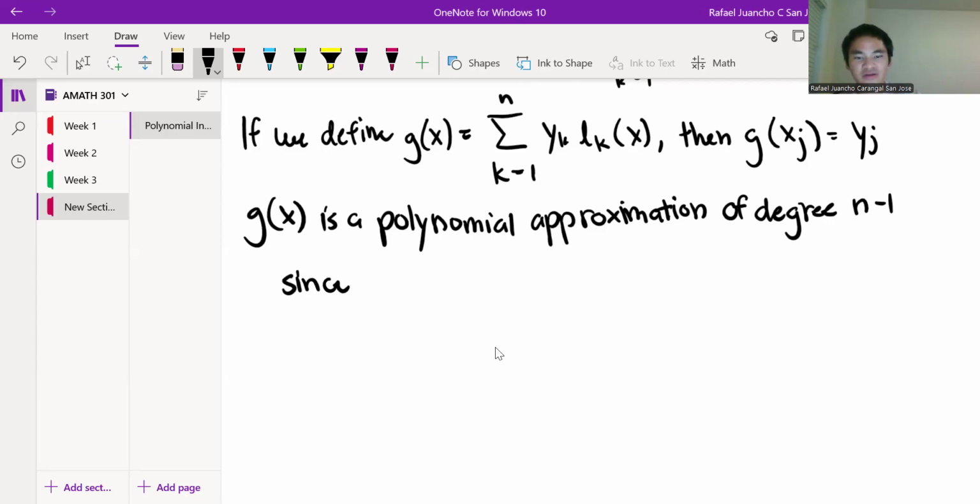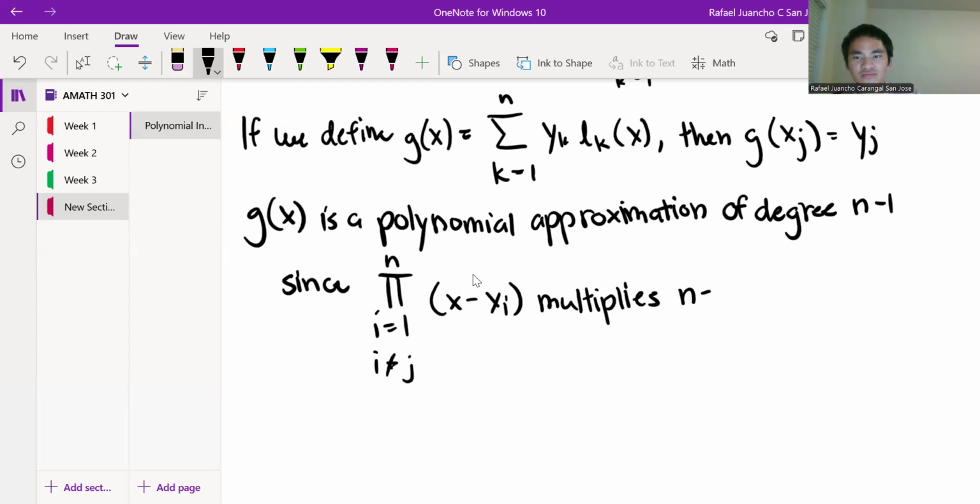Well, if I look at my Lagrange polynomial, this goes from, let's say i starts at 1, but i should not be equal to j, x minus xi. Well, this multiplies n minus 1 x terms. So it multiplies that many terms, n minus 1 x terms, right?